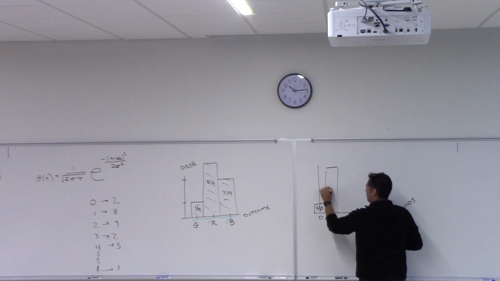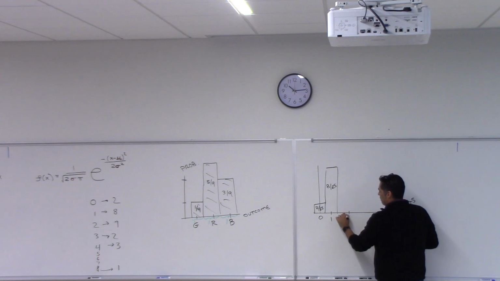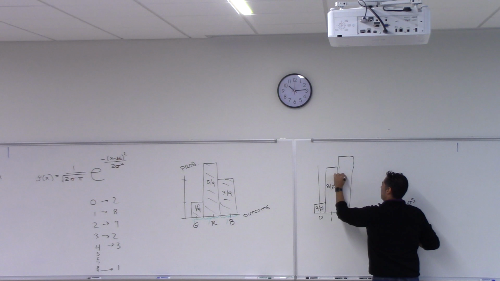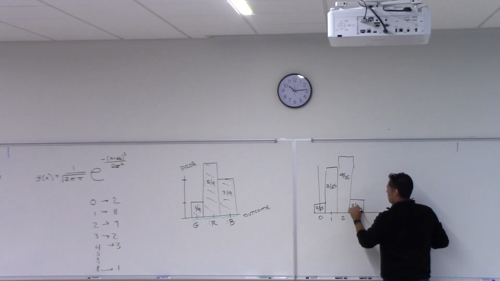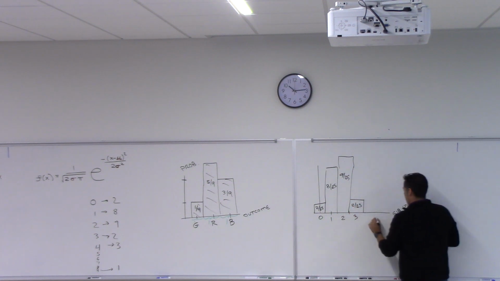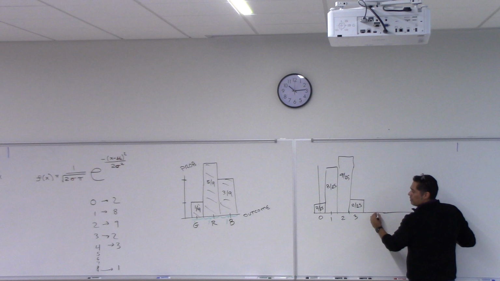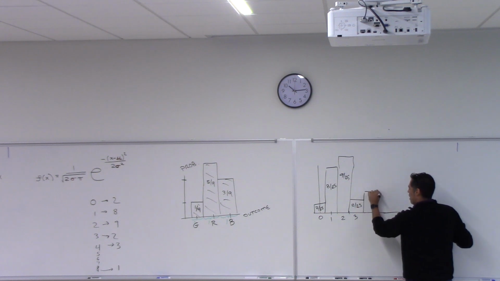Two siblings? 9 out of 25. 3 siblings? 2 out of 25. 4 siblings? 3 out of 25.